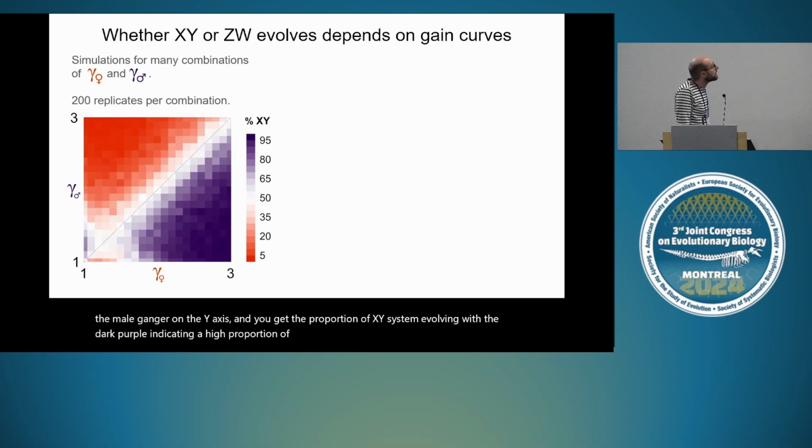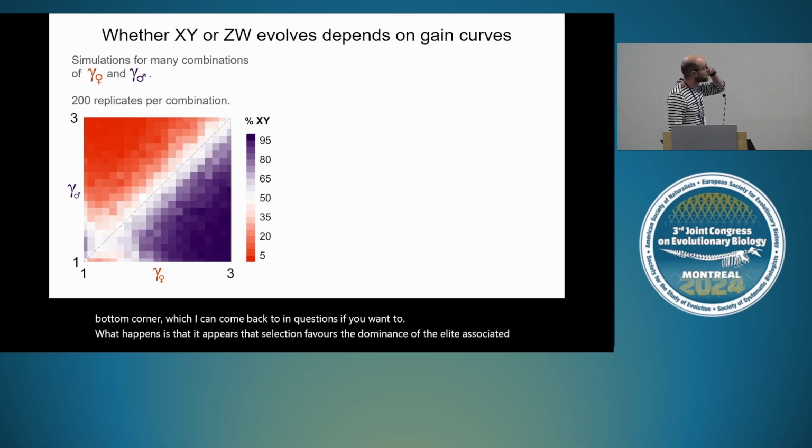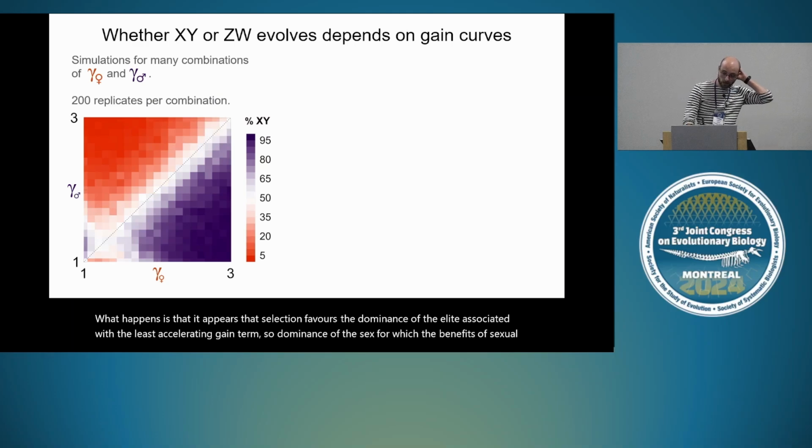And so what you see is that except in this bottom corner, which I can come back to in questions if you want to, it appears that selection favors the dominance of the allele associated with the least accelerating gain curve. So dominance of the sex for which the benefits of sexual specialization are the weakest.